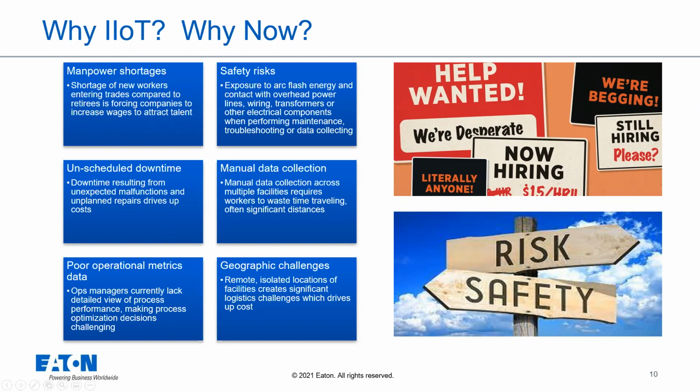COVID has forced us to realize that the digitalization of our industrial infrastructure is at this point paramount. Supply chains have become severely compromised due to everything listed here. Manpower shortages have led to safety risks.